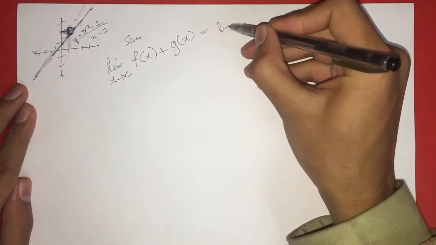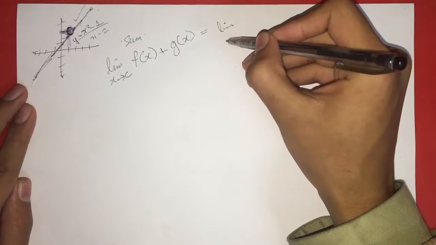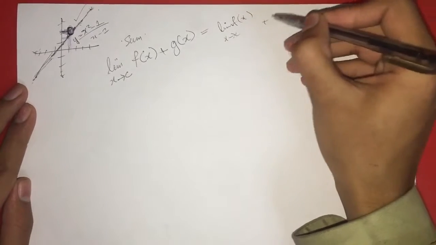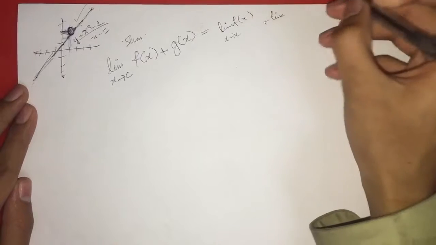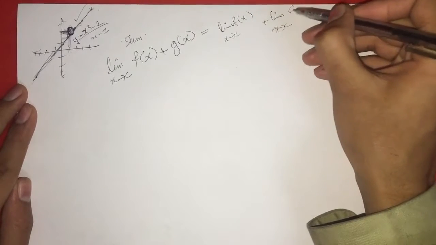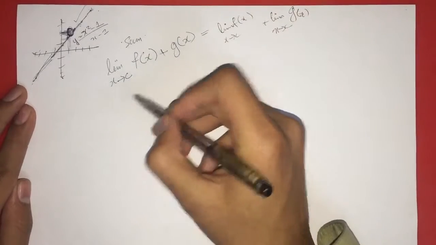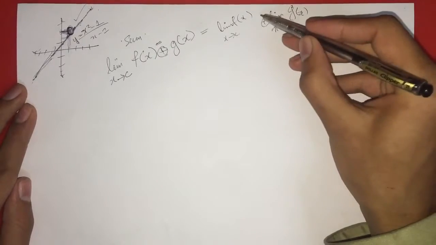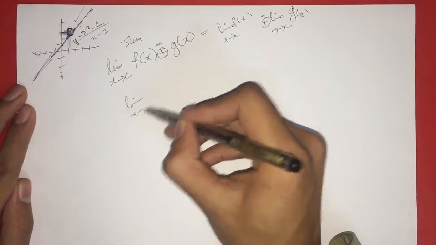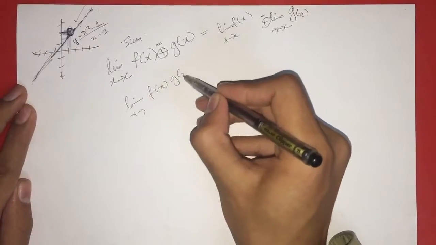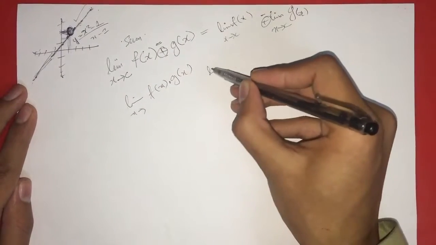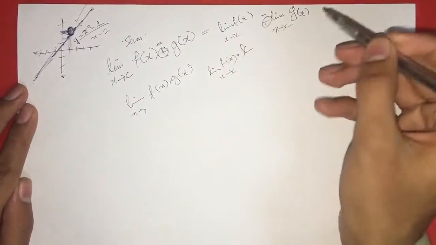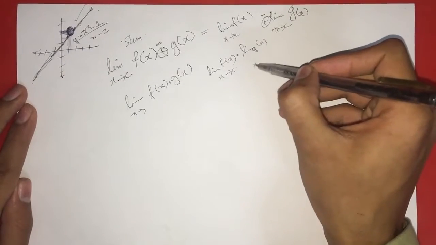Then we have the difference rule, where you just change the sign. Then we have the product rule: the limit of f of x times g of x equals the limit of f of x as x approaches c times the limit of g of x as x approaches c.